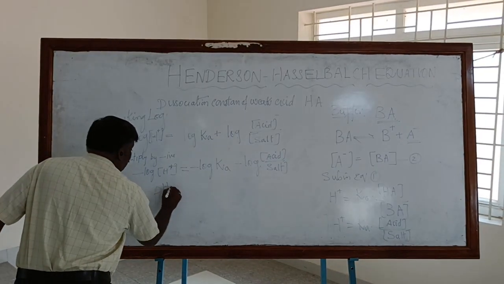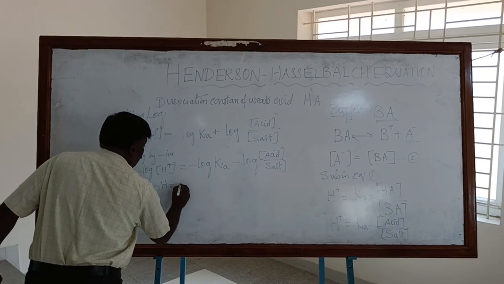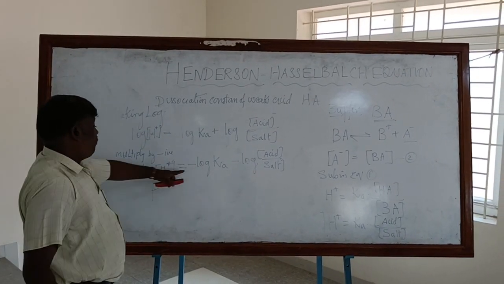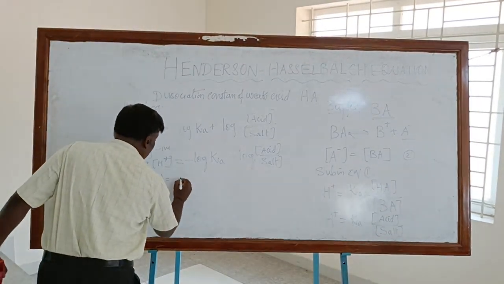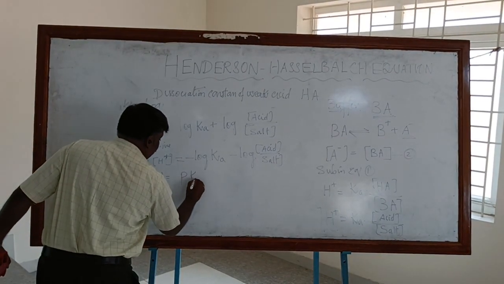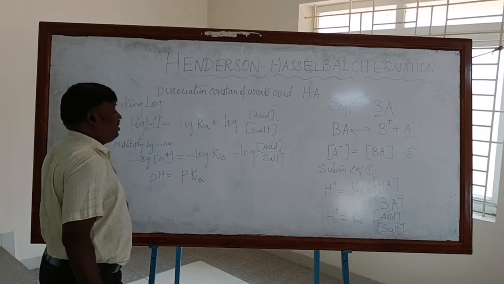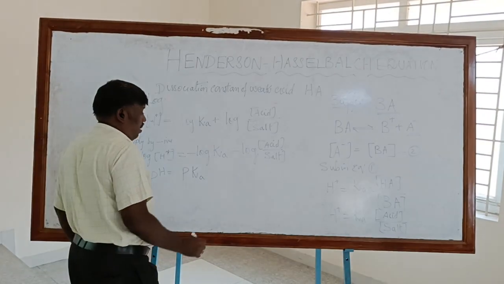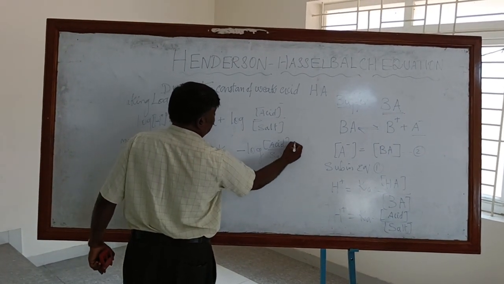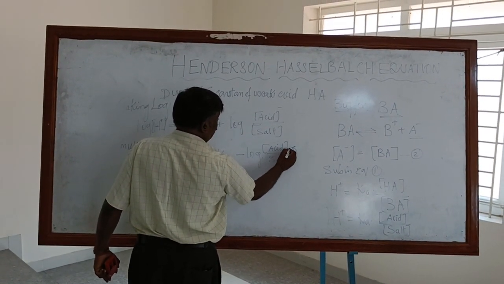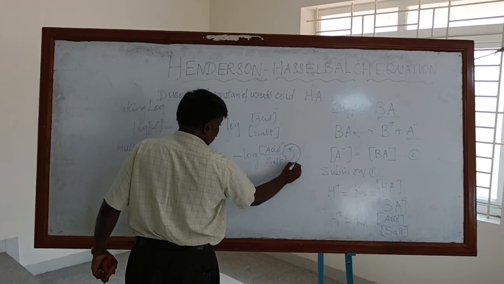So pH is equal to, in the place of minus log Ka, I can write this as pKa. To remove this negative sign, I can exchange the salt to the numerator and acid to the denominator.